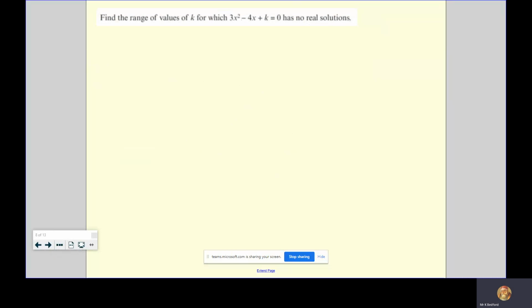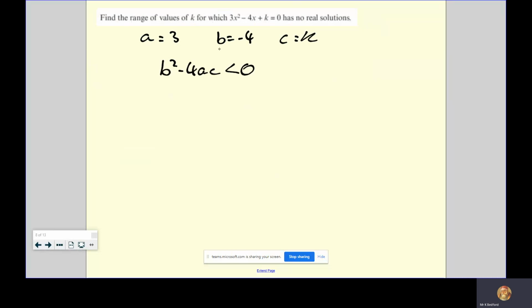The next question: find the range of values of k for which 3x squared minus 4x plus k equals 0 has no real solution. So this looks a little bit trickier than the last one. I'm just going to put a equals 3, b equals negative 4, and c equals k, just so I've got them there. If it has no real solutions, that means I'm looking for my b squared minus 4ac, the discriminant, to be less than 0.